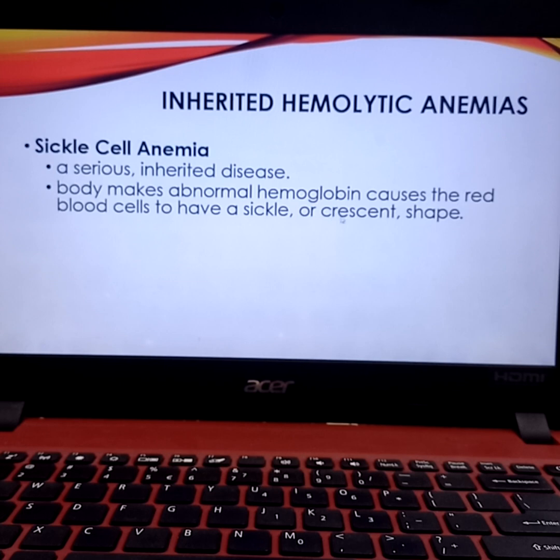Letter P stands for pain. Since occlusion may occur in the peripheral areas, this will eventually lead to necrosis, and the patient may experience severe pain.